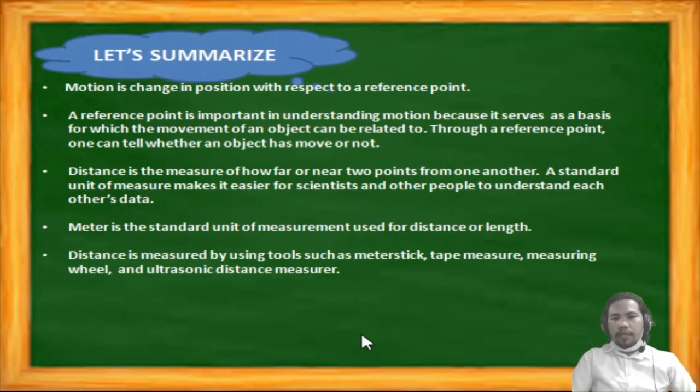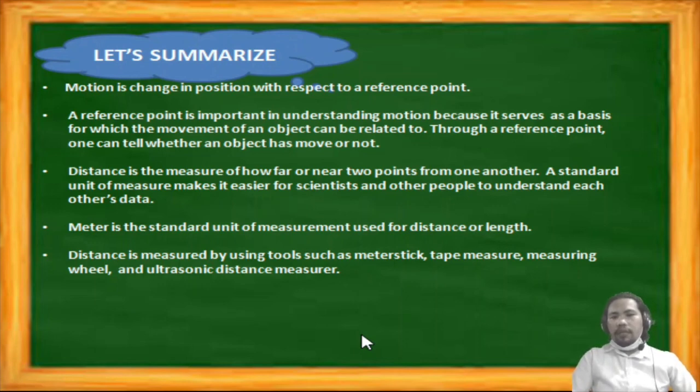So let us summarize. Motion is a change in position with respect to a reference point. A reference point is important in understanding motion because it serves as a basis for which the movement of an object can be related to. Through a reference point, one can tell whether an object has moved or not. Distance is the measure of how far or near 2 points are from one another.